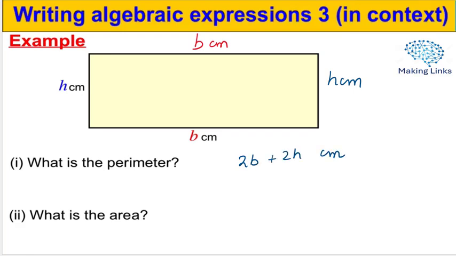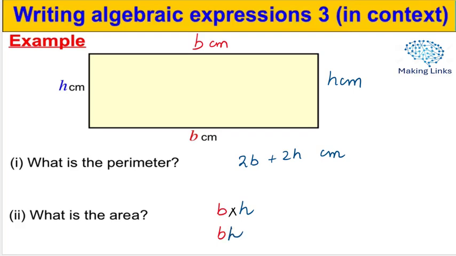Quite simple, because perimeter means the sum of all sides. If you add two B's, you will get 2B, and if you add two H's, you will get 2H. What is the area? The area here is B times H, or simply BH.